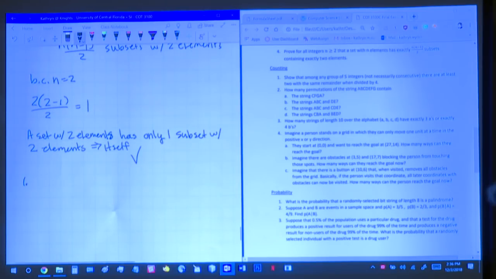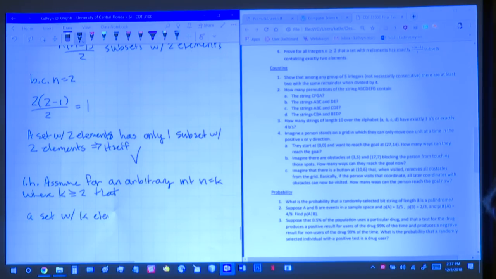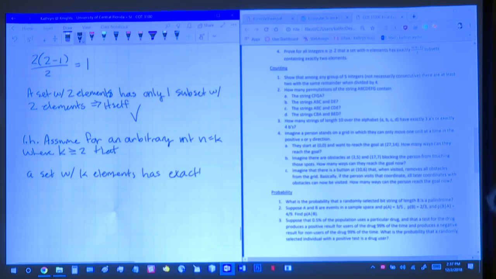So then our inductive hypothesis would just be: assume for an arbitrary integer n equals k, where k is greater than or equal to 2, that a set with k elements has exactly k times k minus 1 over 2 subsets with 2 elements.